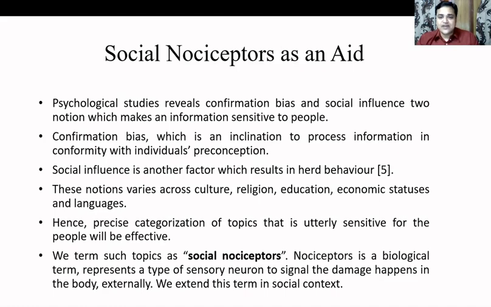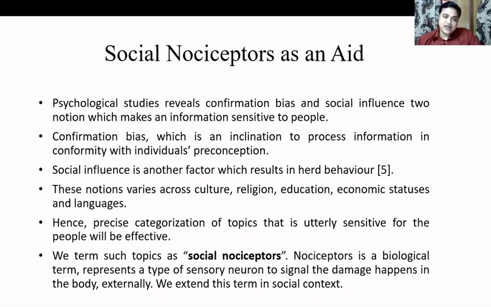These two notions vary across culture, religion, education, economic status, and languages. Hence, a precise categorization of topics that are utterly sensitive for people will be very effective. We term such topics social nociceptors.